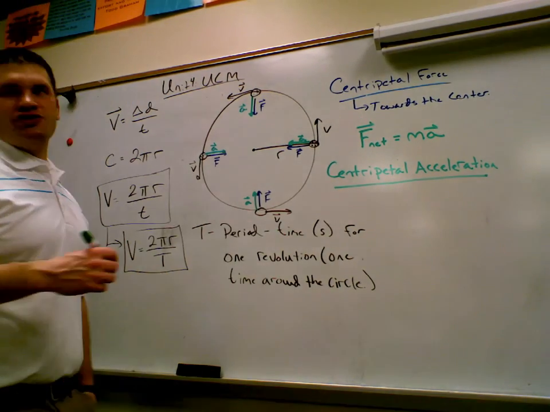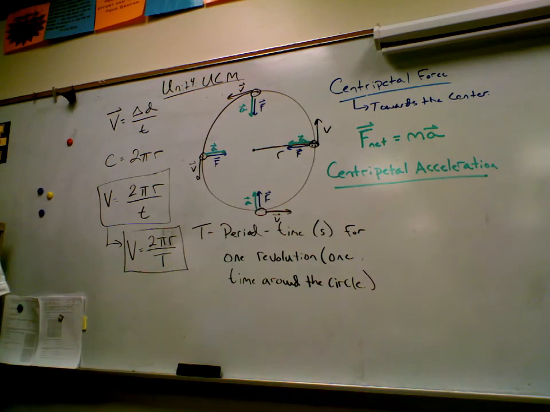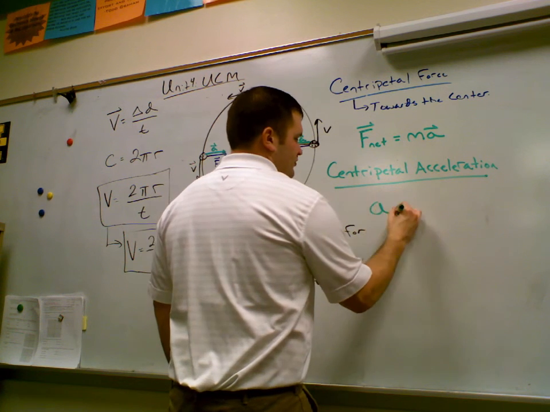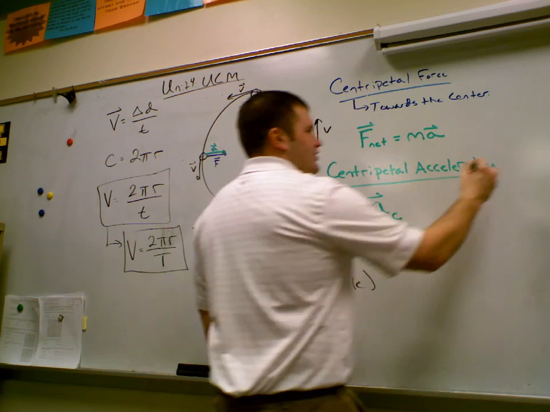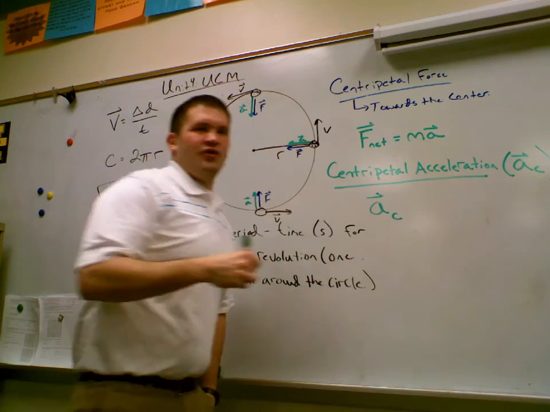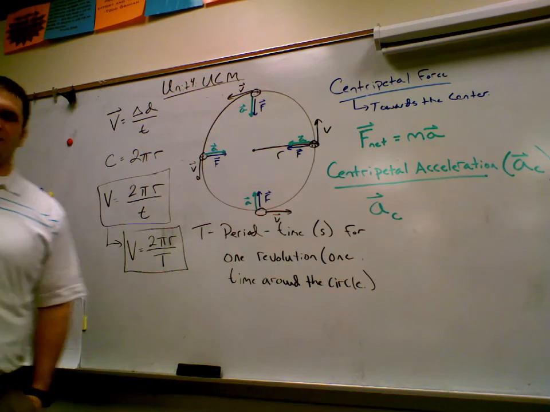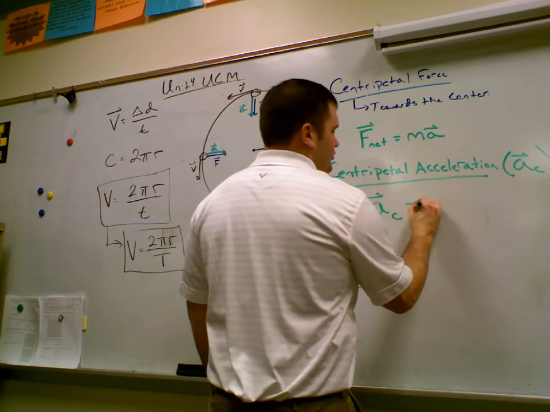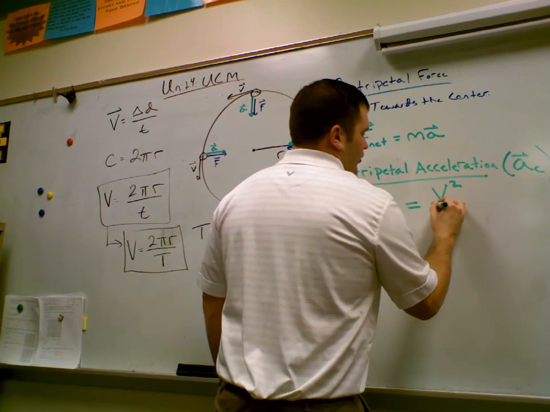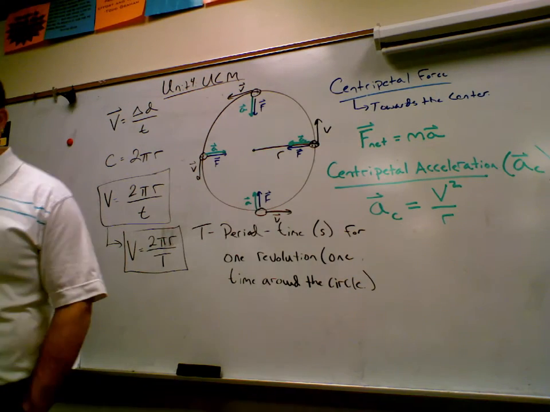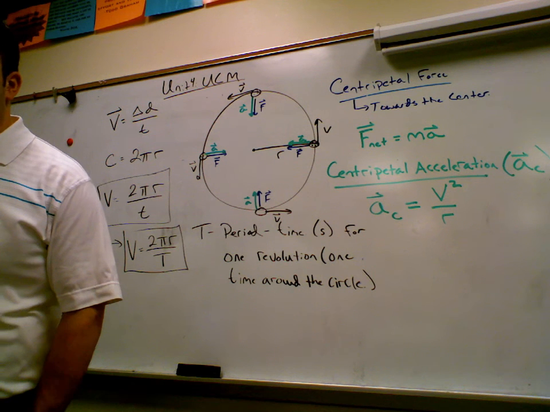It shows that the acceleration, centripetal, A sub c, is always centripetal acceleration. The equation is A sub c equals v squared over r.